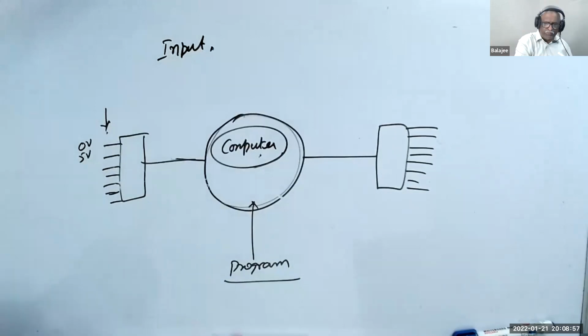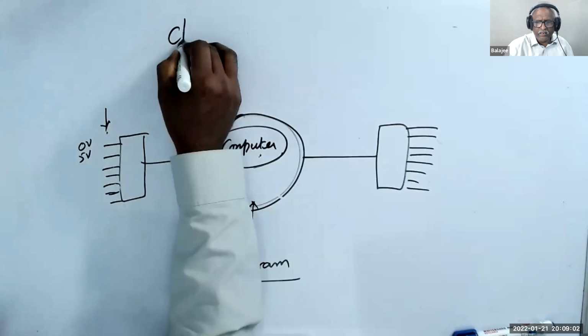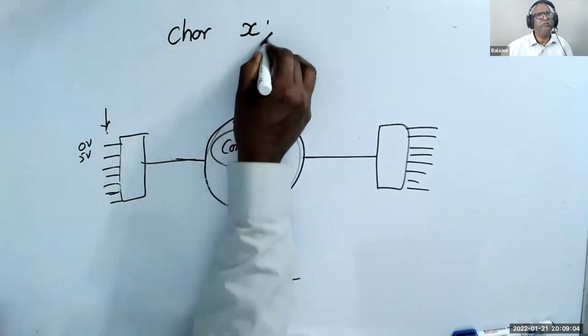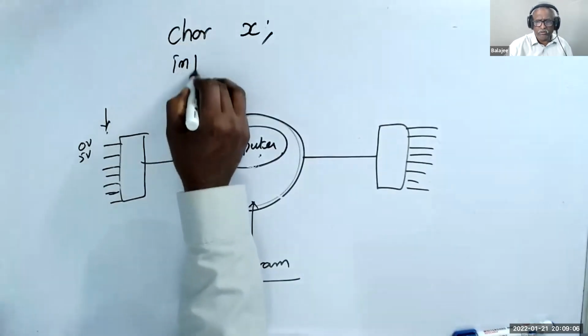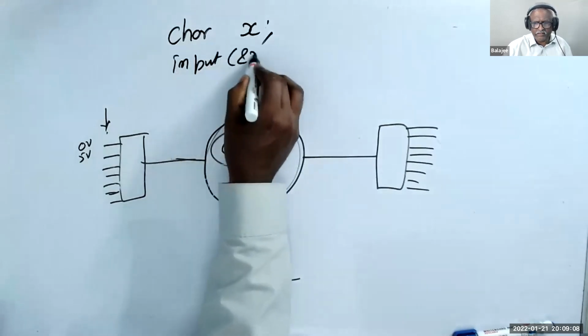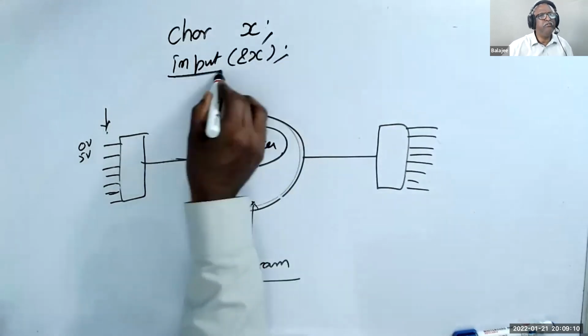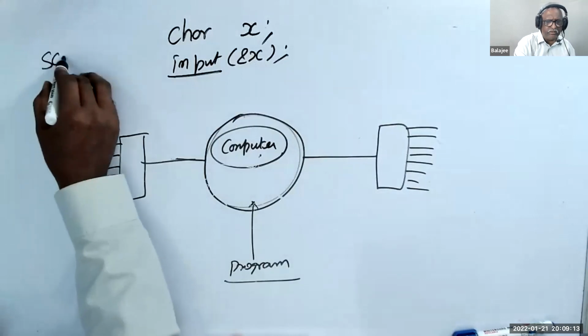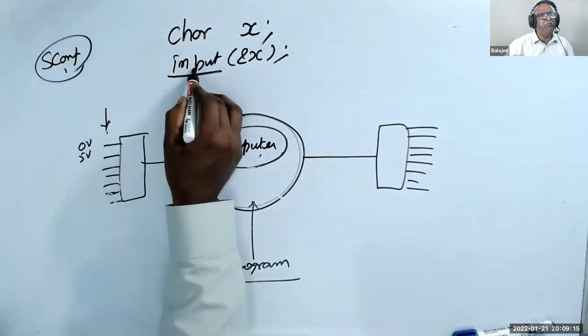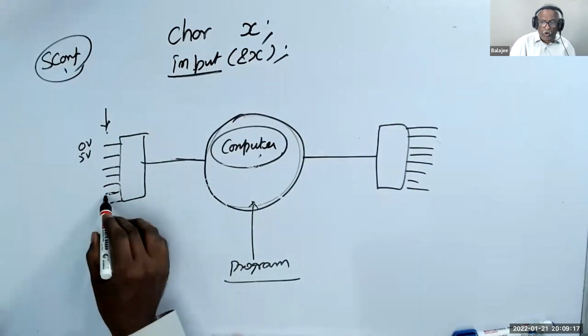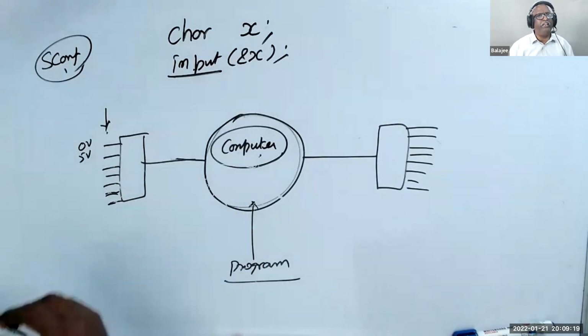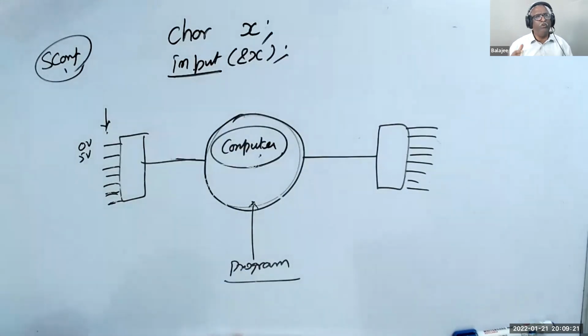For example, let me write a small program. I say char X, and X equals input. Like scanf on a PC, if you call an input function, we are going to write that. I'm going to explain how to write the input function ourselves, then you will understand it.